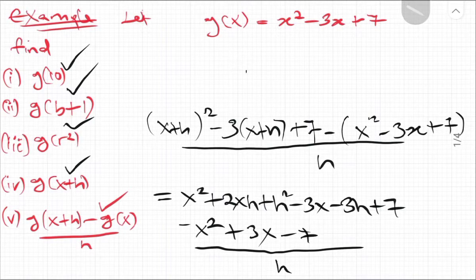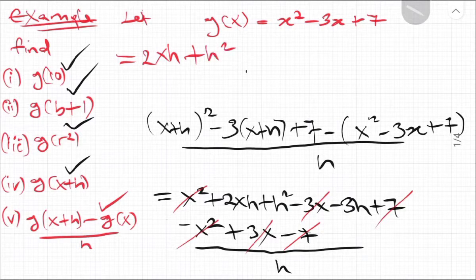All right. So let's change color. So we see that x squared cancels out with minus x squared. So 3x cancels out with this. 7 with 7. Okay. So let's write the answer here. So we have what is left? We have 2xh plus h squared, then minus 3h, then everything over h.